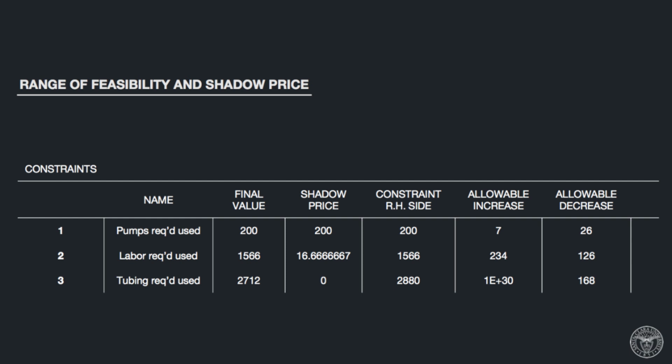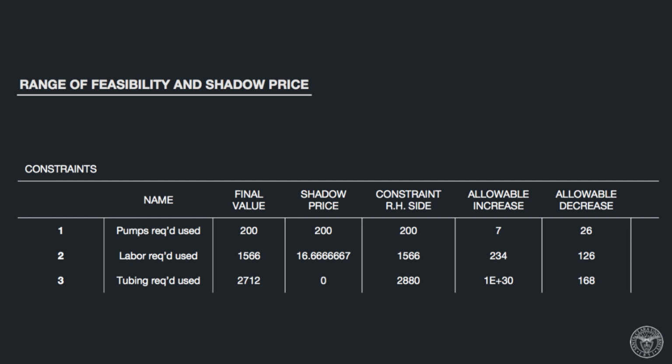So this indicates that the tubing constraint is not binding. In this case, we have a non-zero shadow price for the first two constraints, and we have a zero shadow price for the tubing. It also indicates that if we have a shadow price of zero, the constraint is not binding.